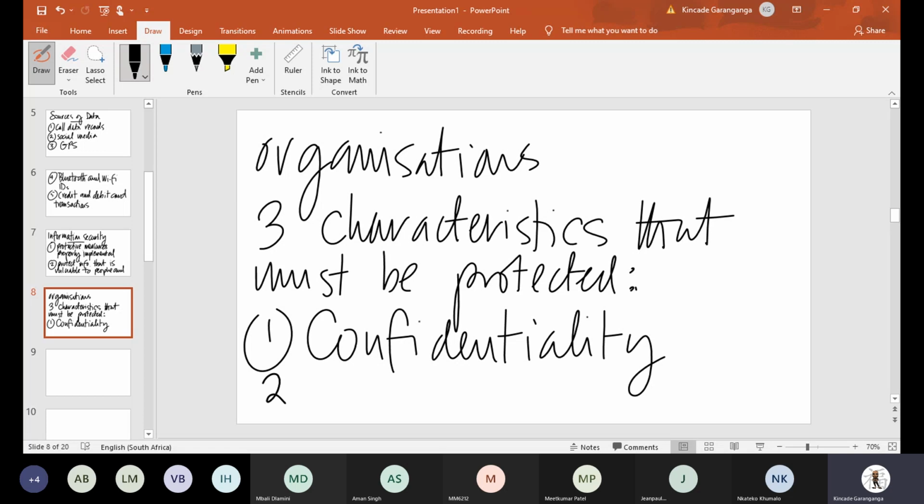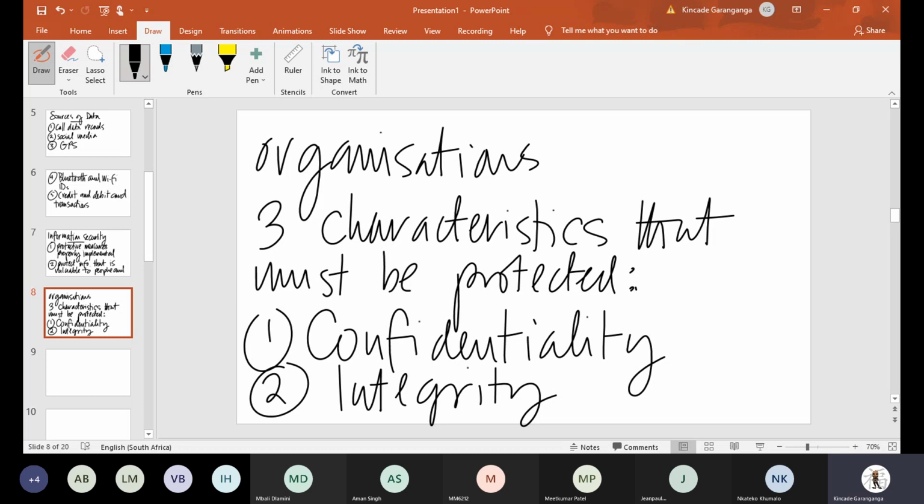And then the second thing that you want to discuss in this regard is integrity. What is happening here? This ensures that the information is correct and that no unauthorized persons or malicious software have altered that data or information.